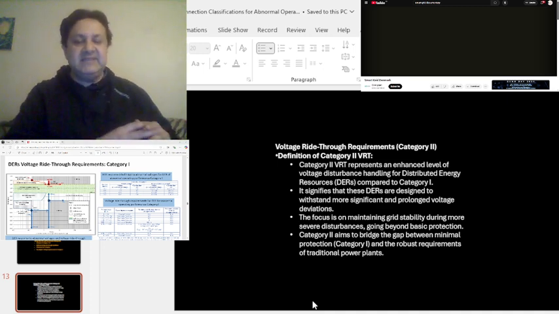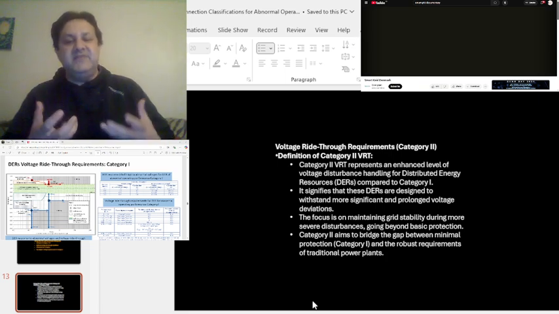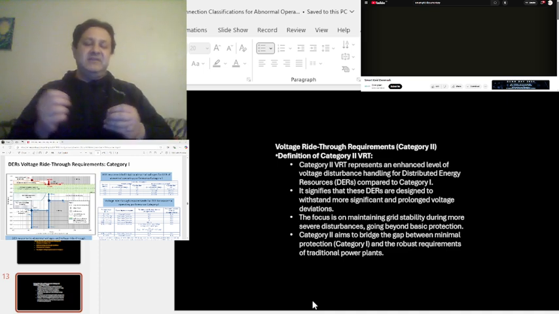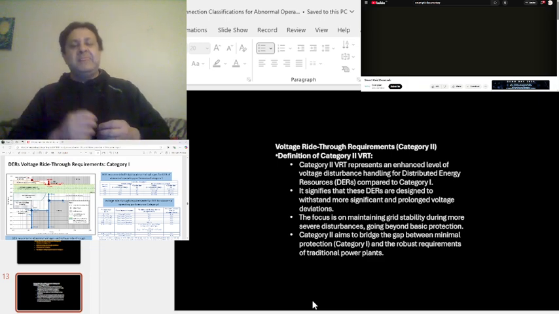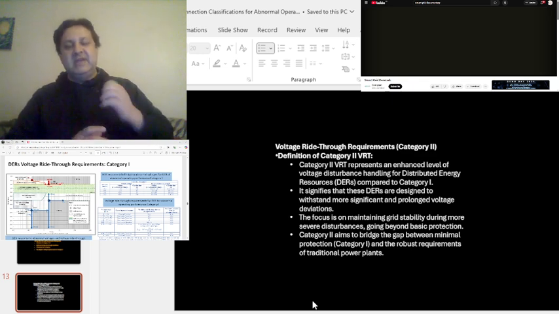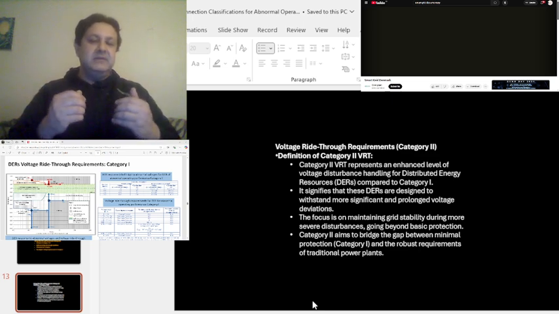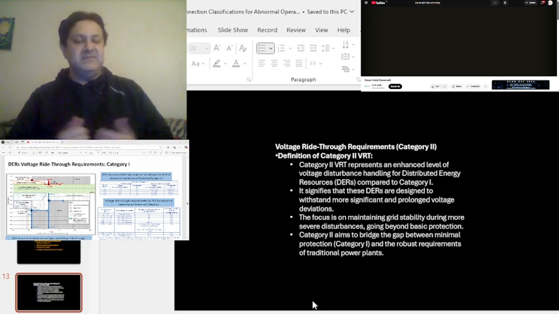It signifies that these DERs are designed to withstand more significant and prolonged voltage deviation. Let's say if there is a voltage deviation for a few microseconds or milliseconds, then category one will work. For category two, let's say the time period is now a bit more, for the prolonged voltage deviations.